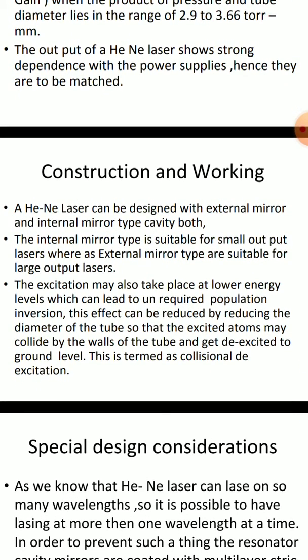This is termed collisional de-excitation. So you can say a helium neon laser works on both principles. The excitation is done by collision of helium ions with neon ions, and the de-excitation reduces the probability of unwanted population inversion.